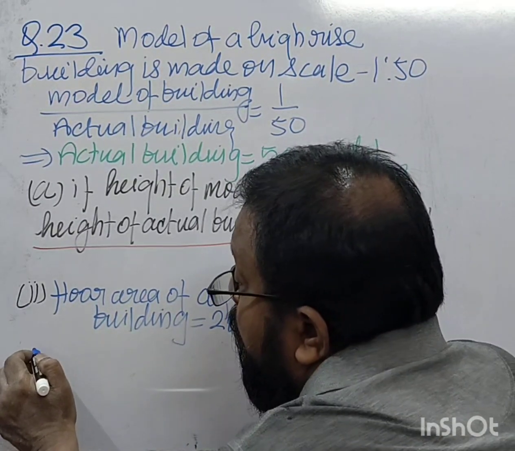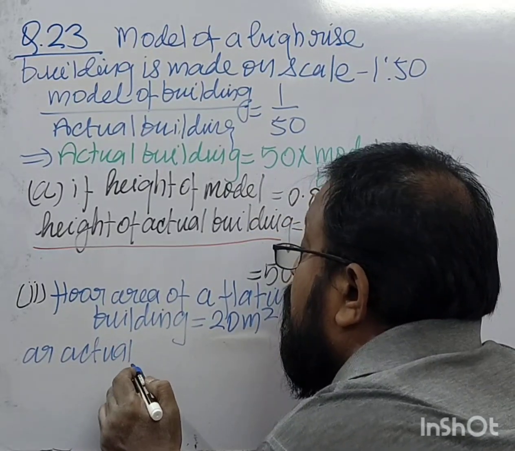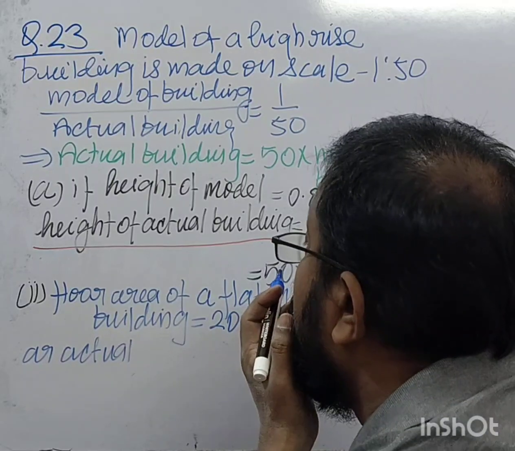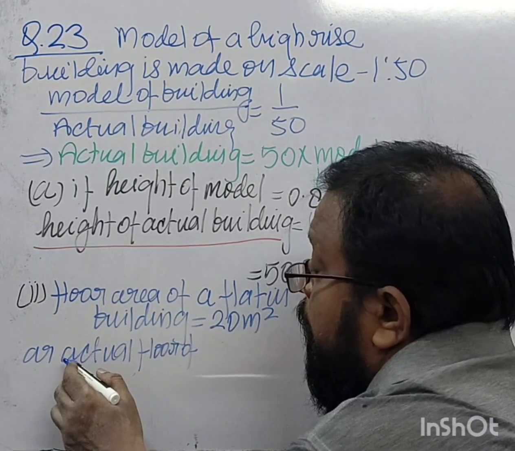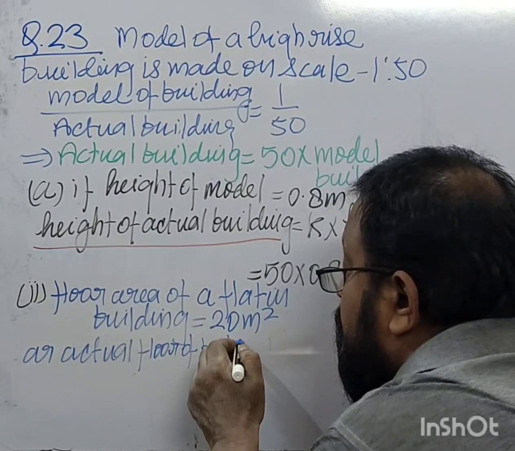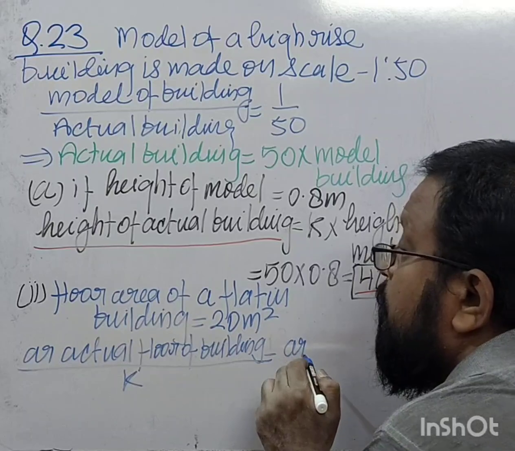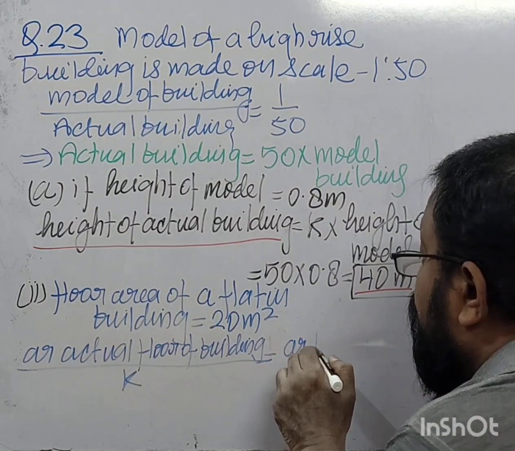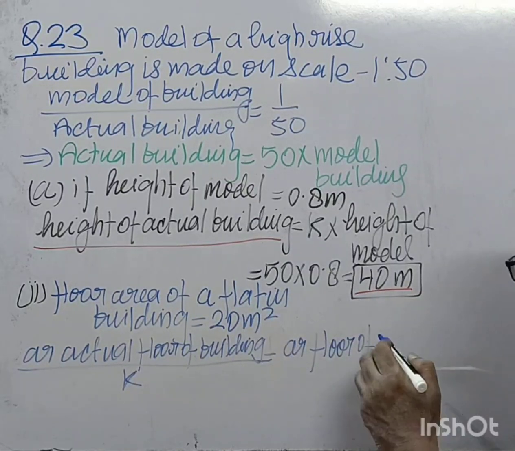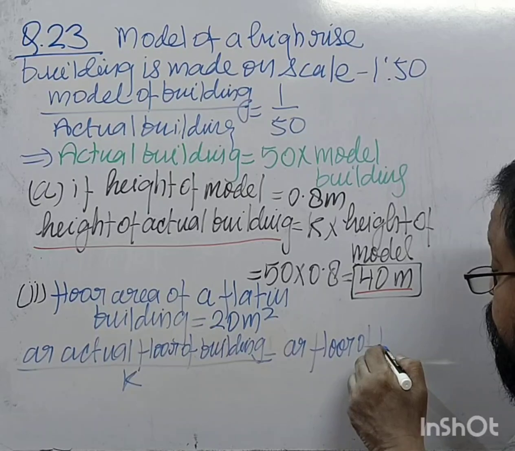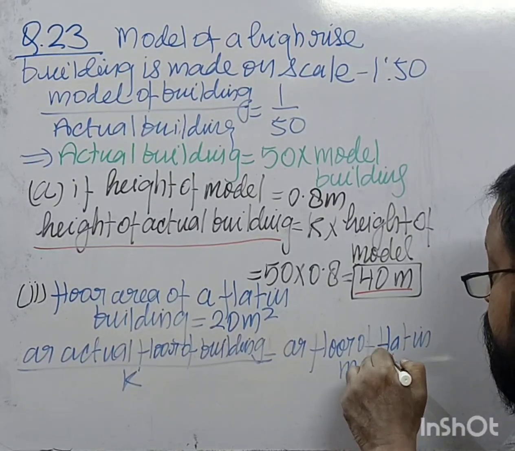So the area of actual floor of building upon K is equal to the area of floor of flat in model.